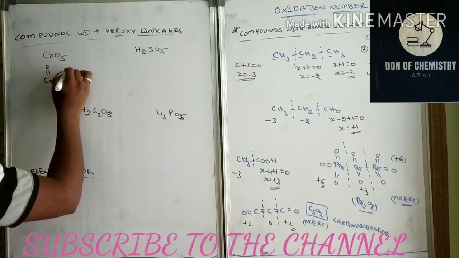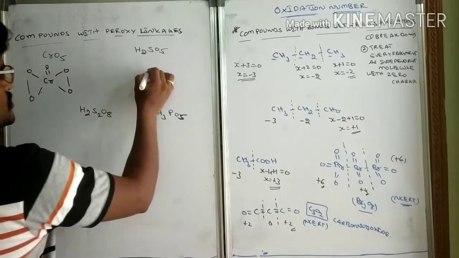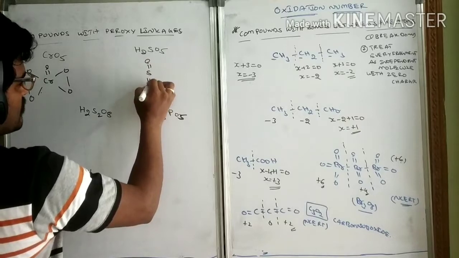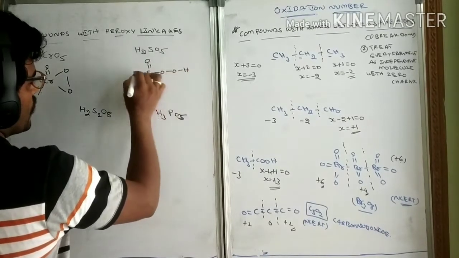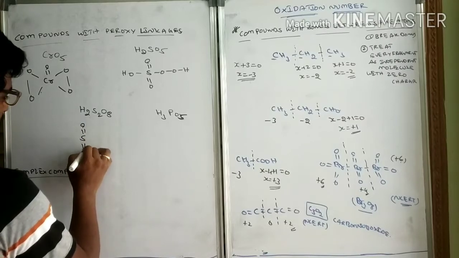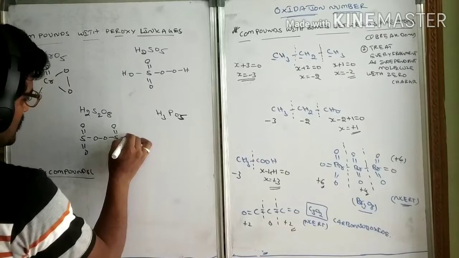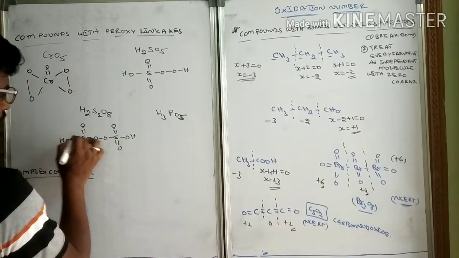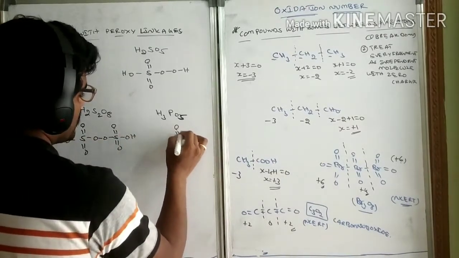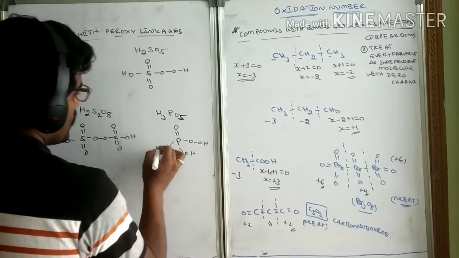CrO5, the structure is a butterfly structure. H2SO5, S double bond O, OOH and then OH. H2S2O8, S double bond O, OO, S double bond O, OH and then OH. H3PO5, double bond O, OH and then OH.